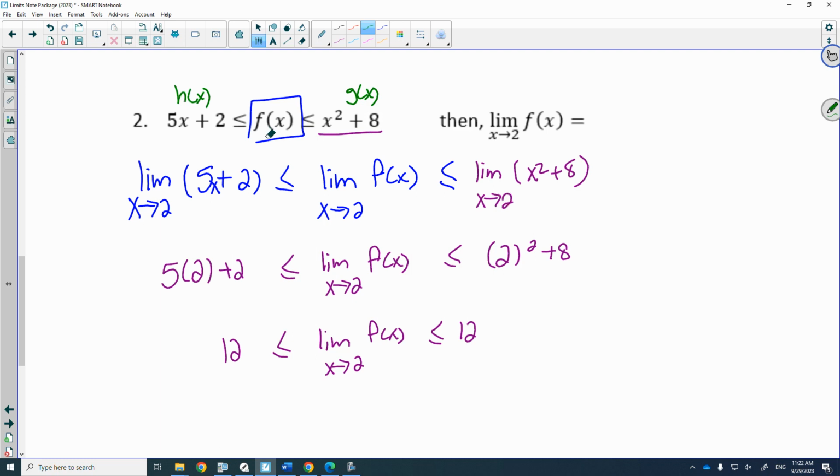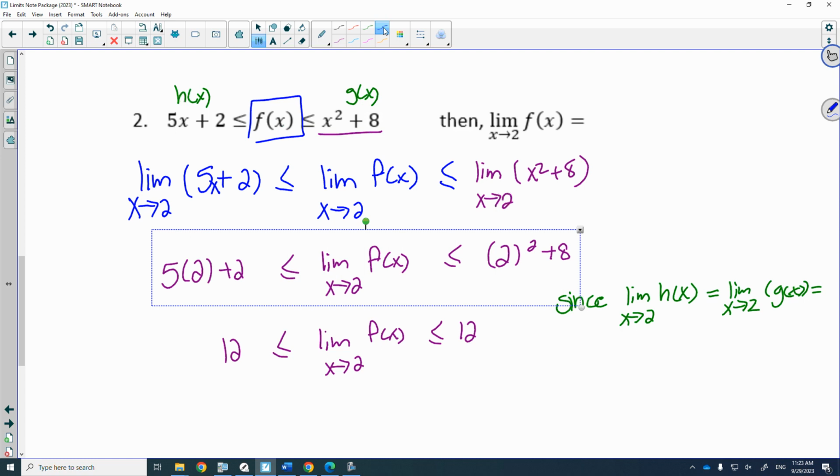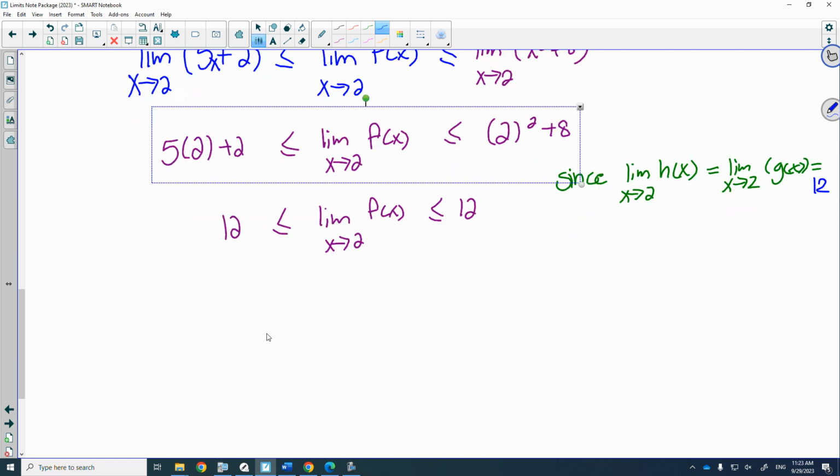So my justification would be since the limit as x approaches 2 of my first function, which would be my lowest function, is equal to the limit as x approaches 2 of g of x, and both of them had a limit of 12, according to the squeeze theorem, we would say the limit as x approaches 2 of f of x is going to be 12.